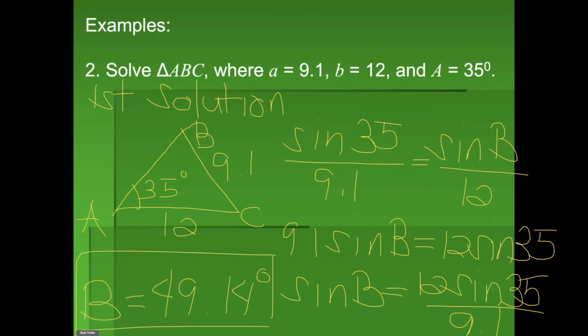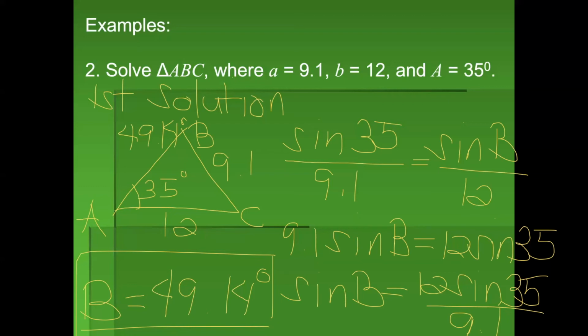So that's angle B. Let me write it here: 49.14 degrees. Now let us solve for the missing angle. We already have angle A, which is 35, and angle B, which is 49.14.